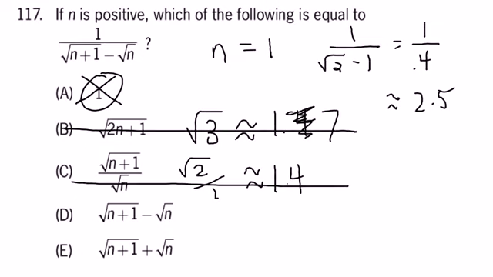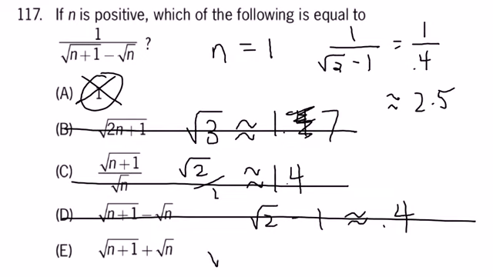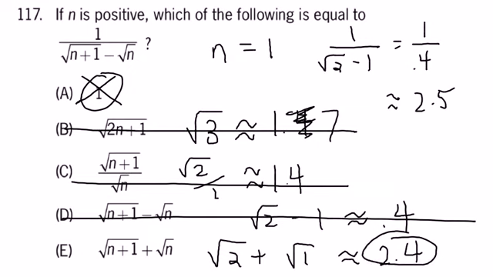Wrong, wrong. Root 2 minus 1 is about 0.4. Wrong. And we're left with root 2 plus the square root of 1, which is about 2.4. Like I said, this is not an exact science, but 2.4 is close to 2.5.